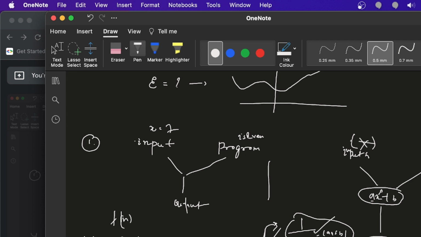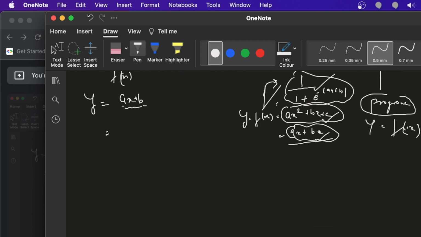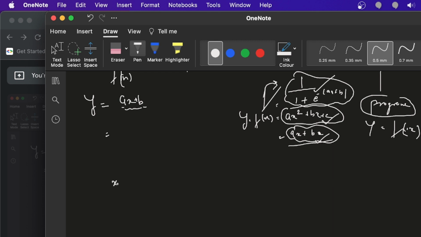Suppose this is your input and output: x is 3 and y is 5, then 7, 13, 10, 19, and so on.